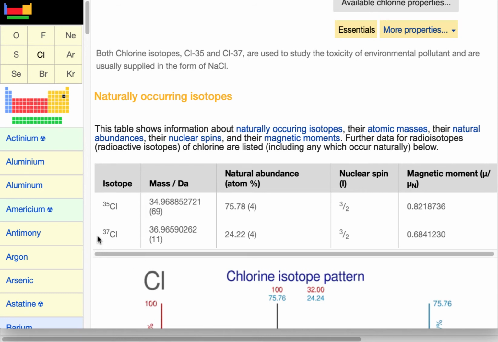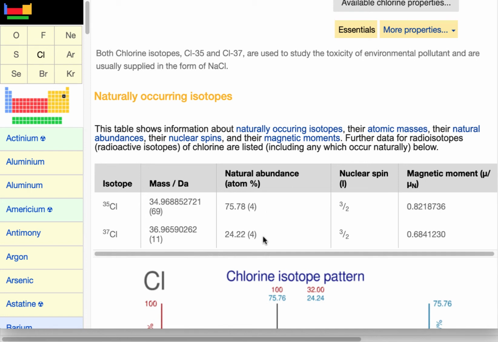But what's different here from carbon-12 and 13 is that, unlike chlorine, carbon-13 is very scarce. There isn't very much of it. But let's look over here. Chlorine-35 is about 76% of all the chlorine atoms that you will find. That's what this natural abundance means.